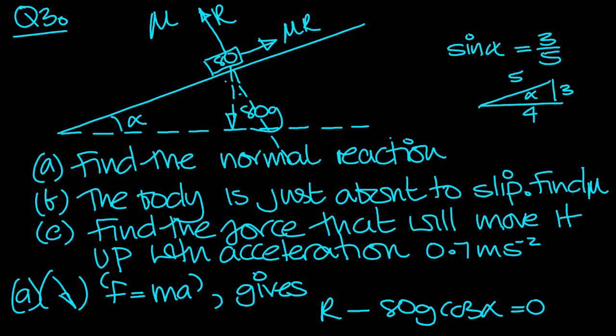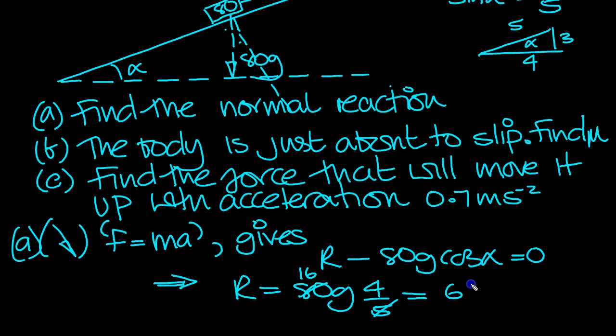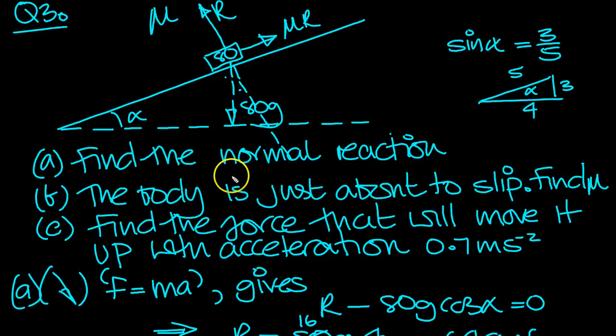Cos alpha is 4/5. So that tells us that R is equal to 80g times 4/5. 5 goes into 80 16 times, 16 fours is 64. So 64g newtons is the normal reaction.